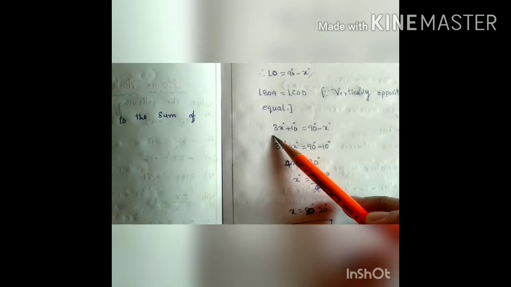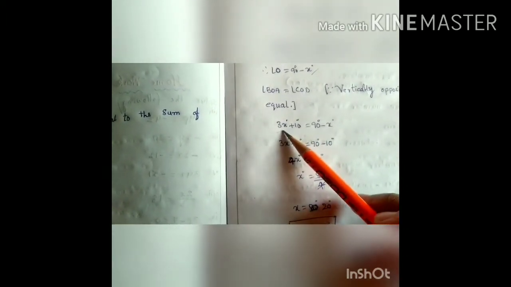Here x moves to the other side: 3x plus x equals 90 minus 10. So 4x equals 80, and x equals 80 by 4, which is 20. Therefore x equals 20 degrees. You find the x value only.